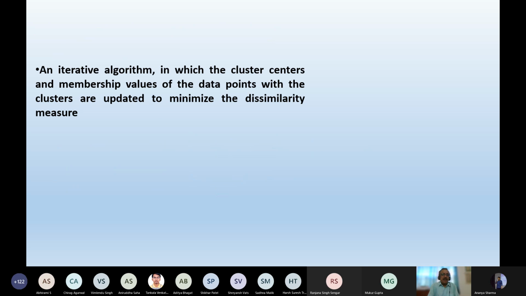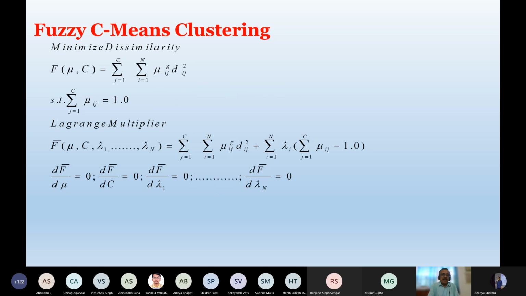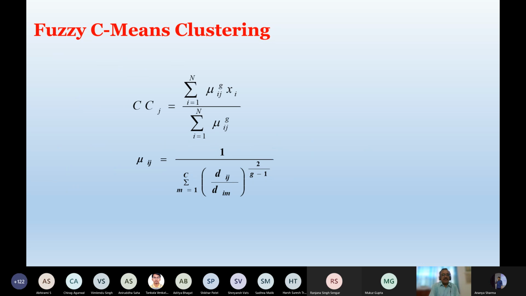Now what you have to do is, this is a problem and you can solve it using this type of calculus method, and you'll be getting a set of equations. Those equations are to be solved, and if you can solve and simplify, then you'll be getting this particular expression.